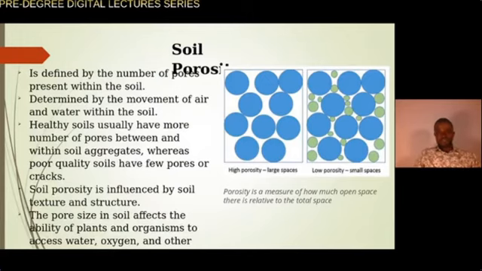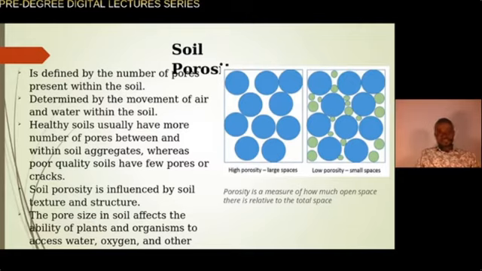Then we have soil porosity. Of course, porosity is one of the basic characteristics of soil that influence its productivity. A soil that is porous is prone to leaching, and also a soil that is porous is highly favorable for plant roots to grow as well.